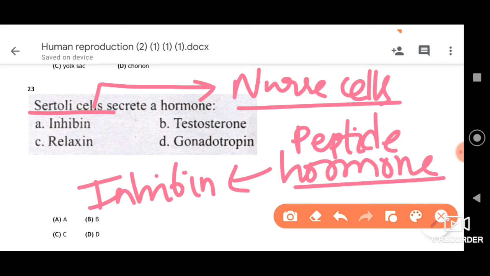This is the hormone secreted by the Sertoli cells, and it is secreted into the circulation. These are the important points you should remember here, my dear friends. So please go for option A, that is inhibin.